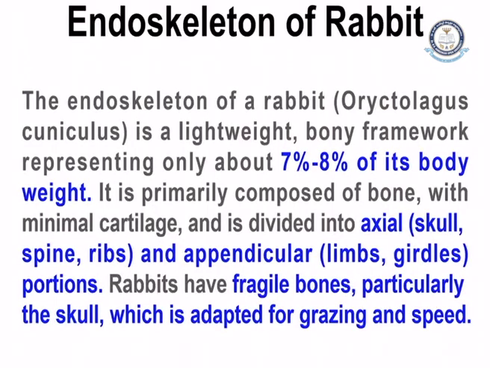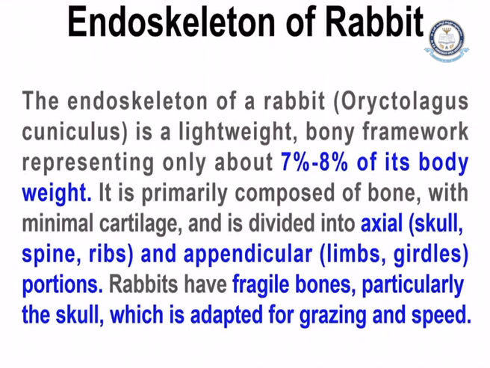The endoskeleton of the rabbit, Oryctolagus cuniculus, is a lightweight bony framework comprising the skull and all the bones in the body.